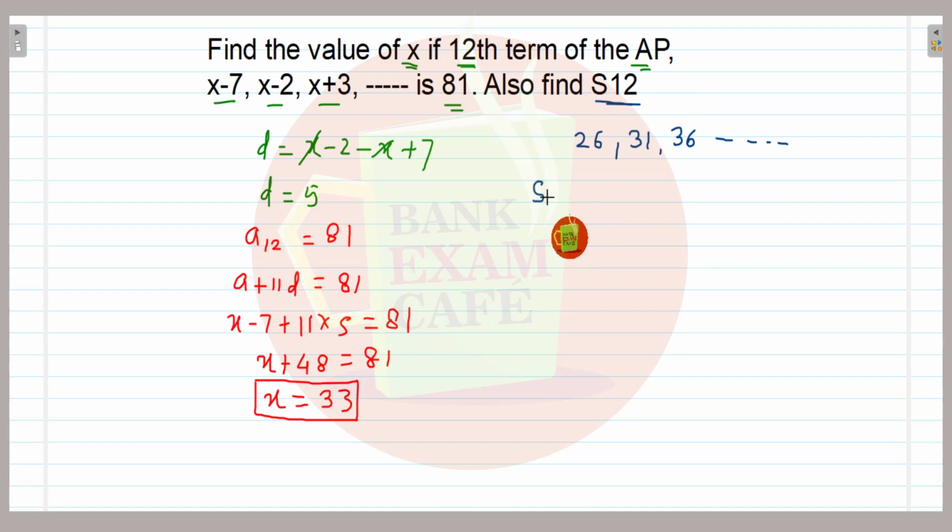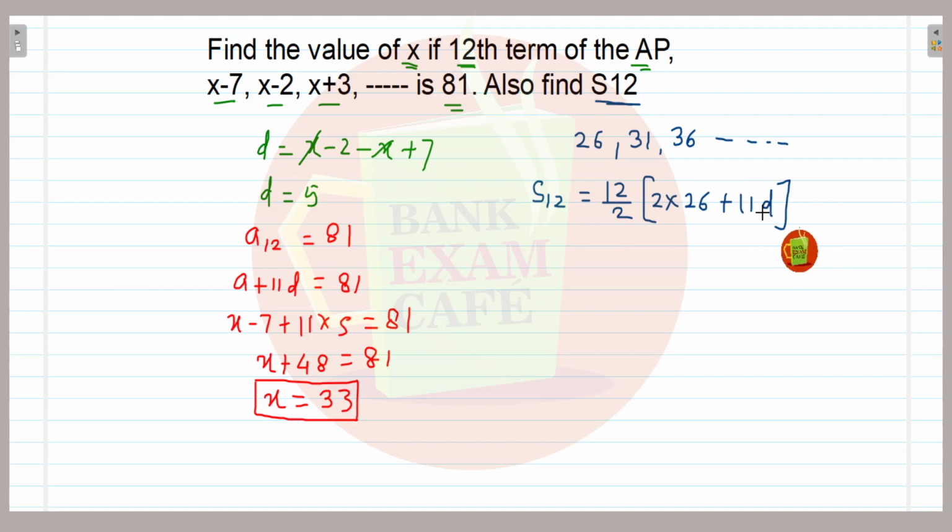So S12 is equal to n by 2, and 12 is n, so it will be 12 by 2 into bracket 2a plus n minus 1 d. 2 multiplied by a, the first term, is 2 into 26, plus 12 minus 1, that will be 11d.